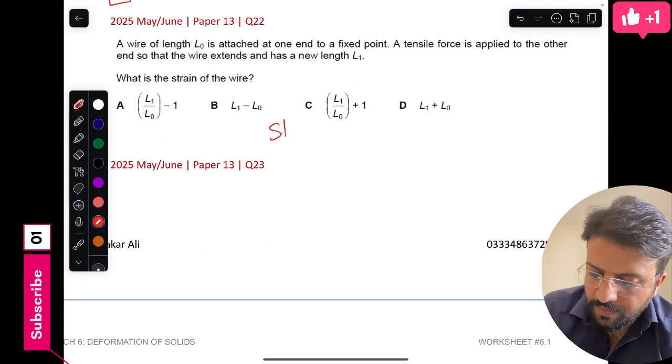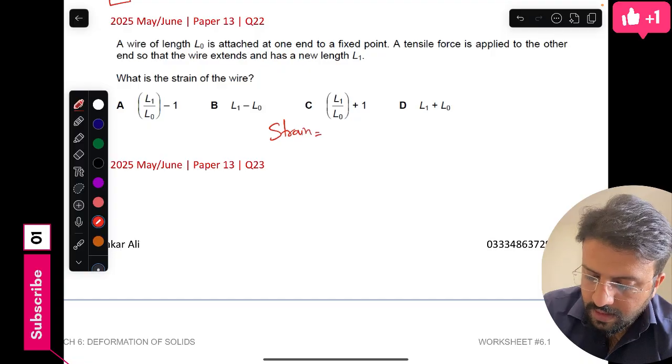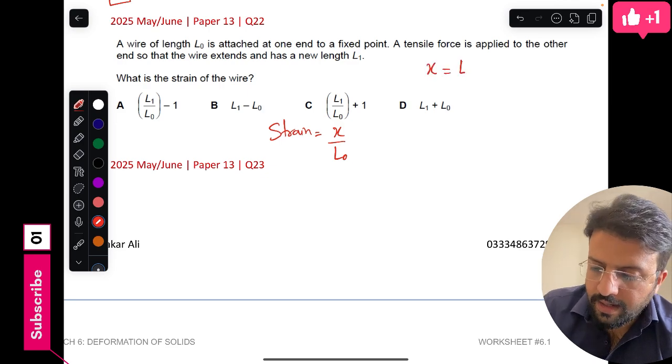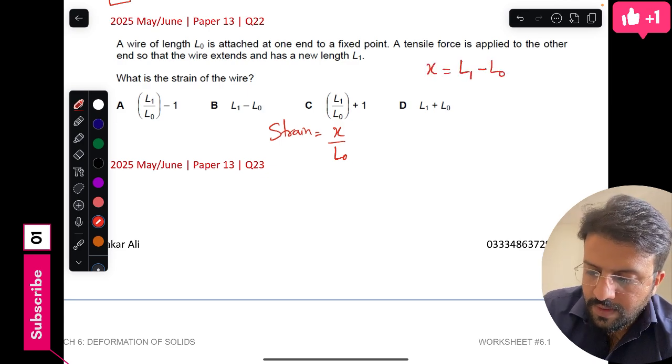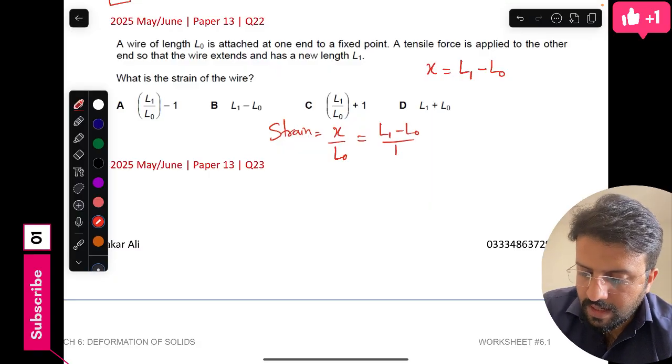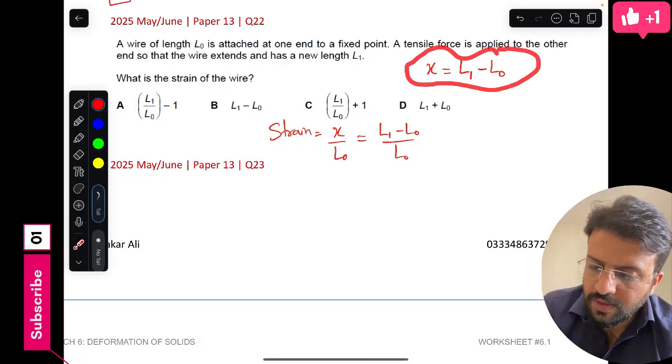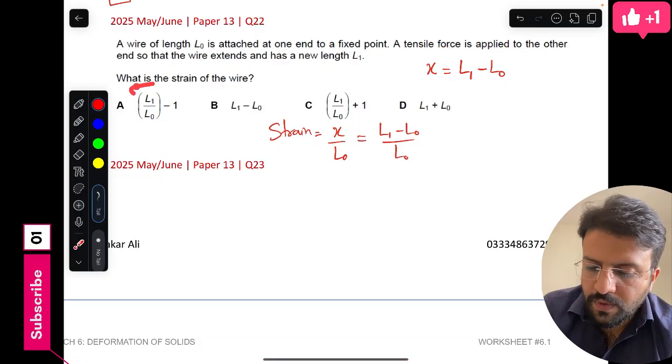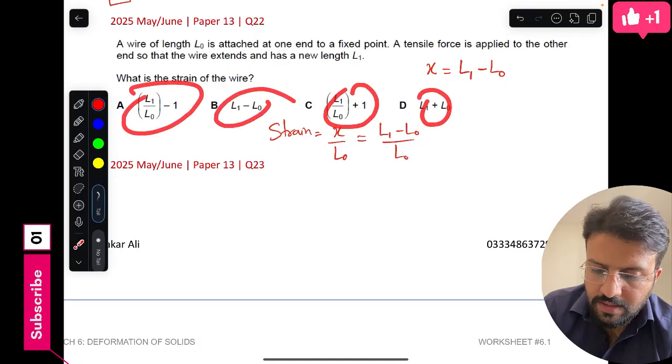So you need to know the formula for the strain. Strain is change in length over original length. Original length is given, this is L0, and X is change in length, that will be final length minus initial length. So it can be written as L1 minus L0 over L0. Okay, most students ask, why sir you are putting this thing? Because if you see the options, there is no X in the options, right?